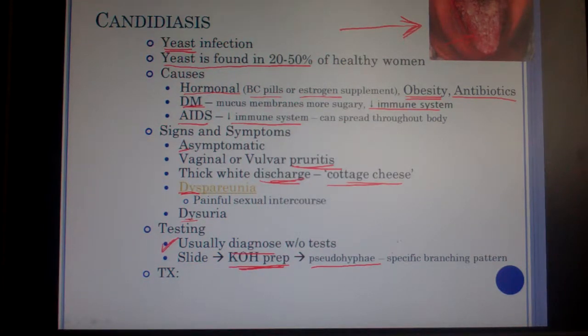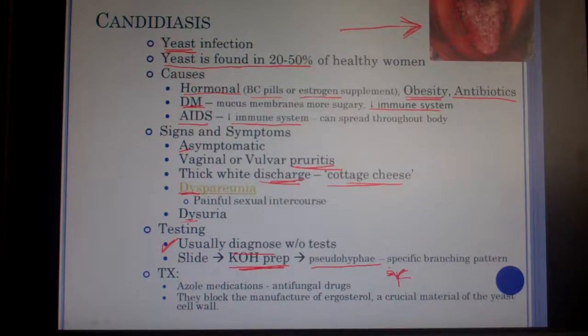It has this very specific branching pattern, and I'm not even sure I could really draw it, but it branches out. You'd have to look at it. But it has a very specific pseudohyphae branching pattern on KOH prep, and that's kind of a buzzword that seems to come up.